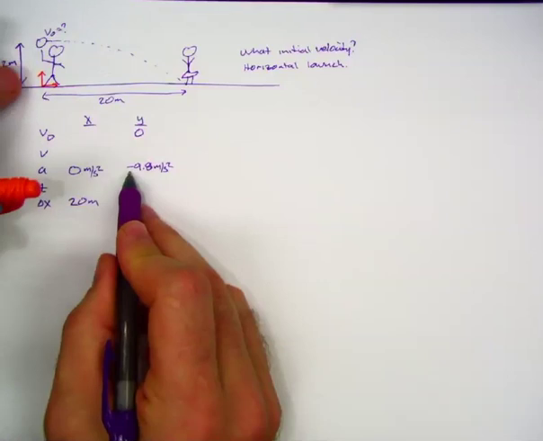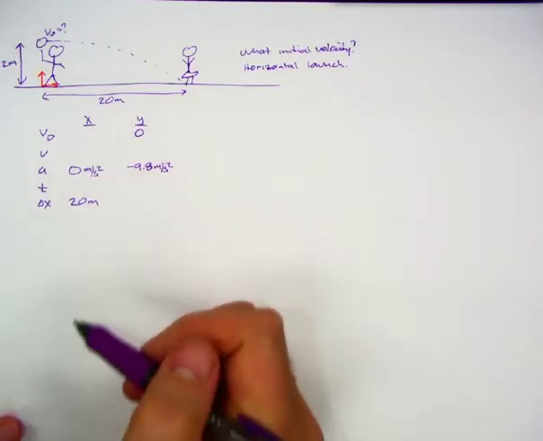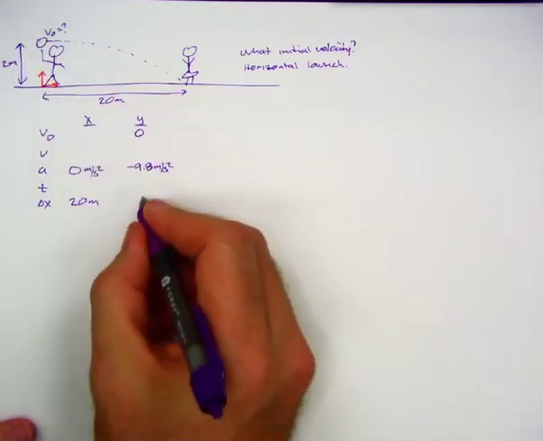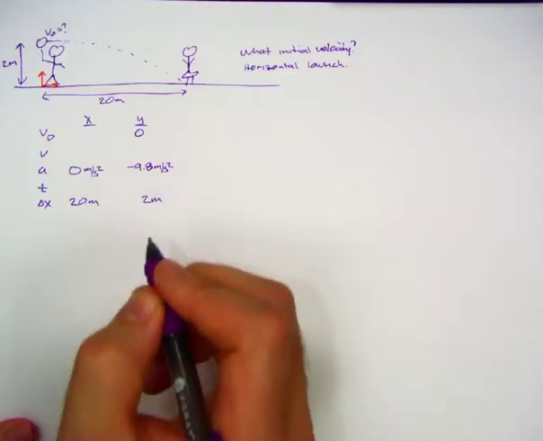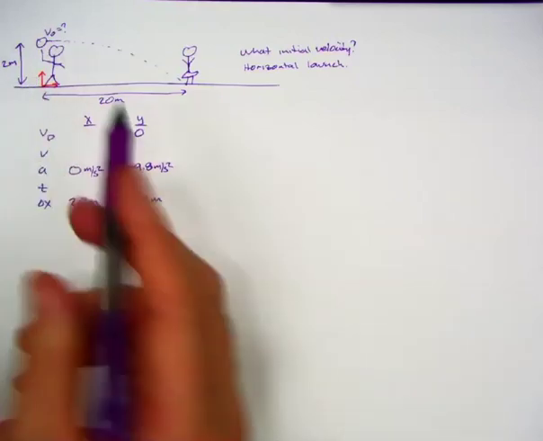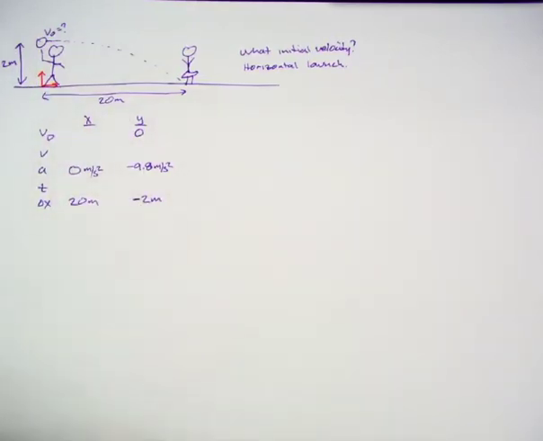We said over here up is positive, so down is negative. And since we know the initial starting height, the change in y position is going to be 2 meters, but this time it's going to be negative because we're starting high, we're ending low, so we're losing distance. This is what we know.